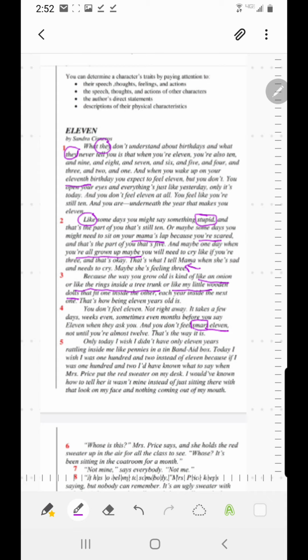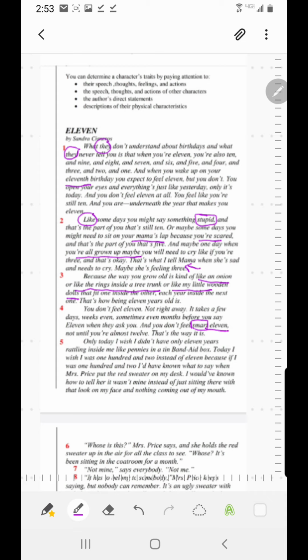And so now coming in, there's a shift here. It says, "Only today, I wish I didn't have only 11 years rattling inside of me like pennies in a tin Band-Aid box." Again, another simile. So it's so interesting that she would use the years. Again, what's being compared?